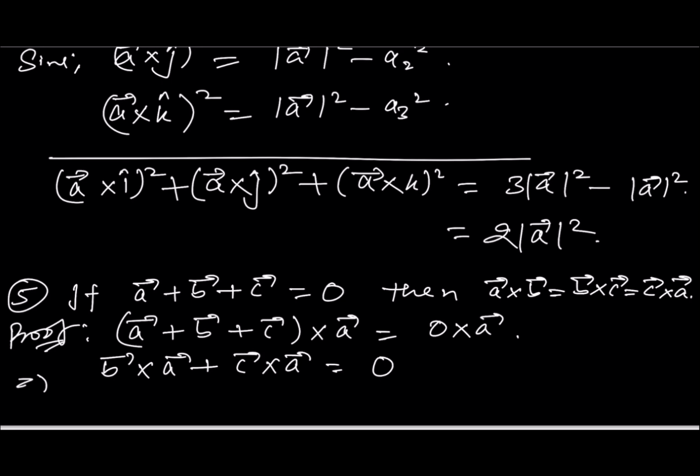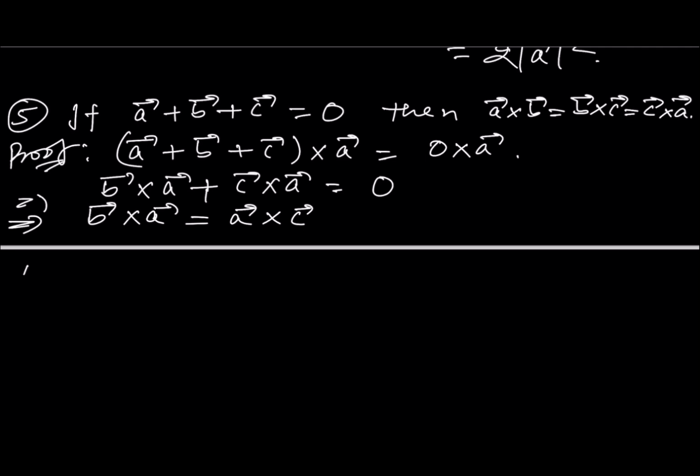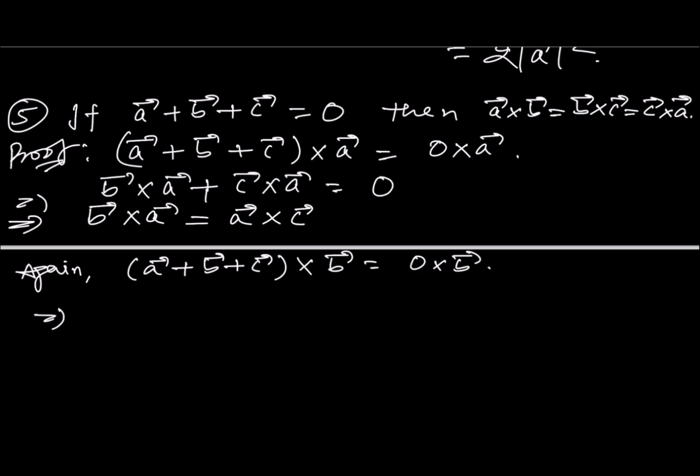Okay, now B cross A is equal to minus C cross A, which will become A cross C. Okay, now again taking cross product with B vector both sides, then what I'll get? A cross B plus C cross B is 0 because B cross B is 0.